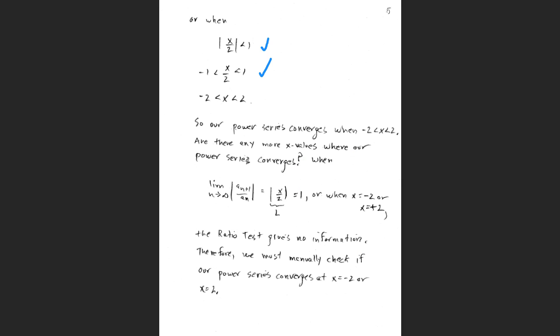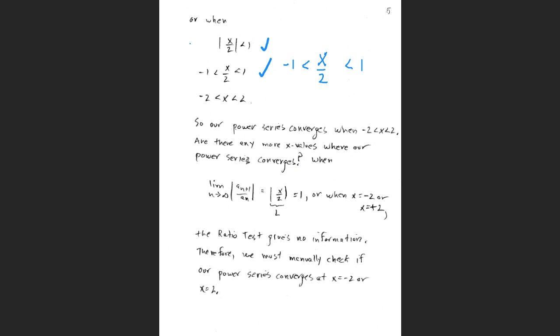I can probably put in a little step here. So x over 2 less than 1, greater than -1.